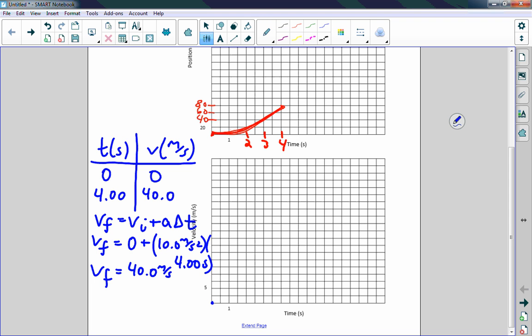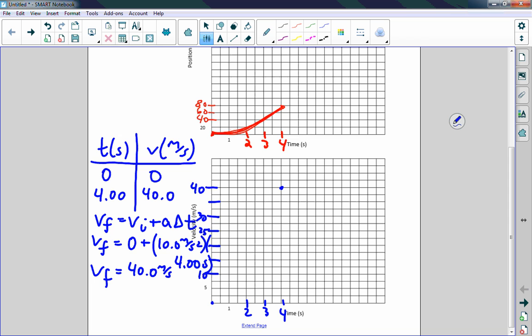So again, if we extend the time out here, here's 4 seconds, and then the y-axis is going very gradually up, 10, 15, 20, 25, 30, 35, way up here is 40. So I need to go over 4 up to 40.